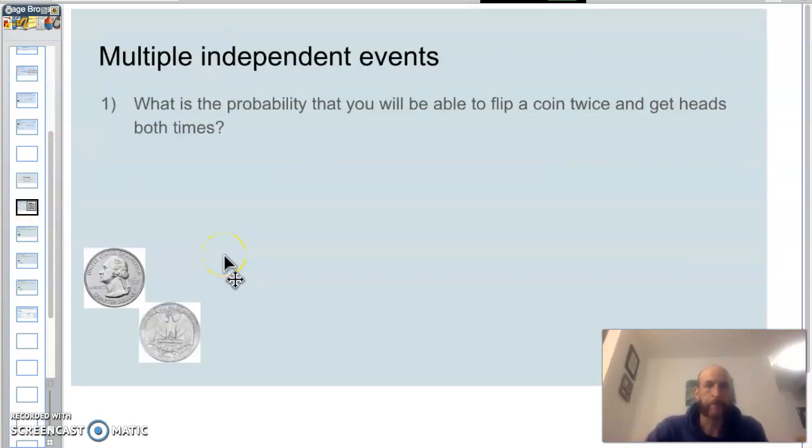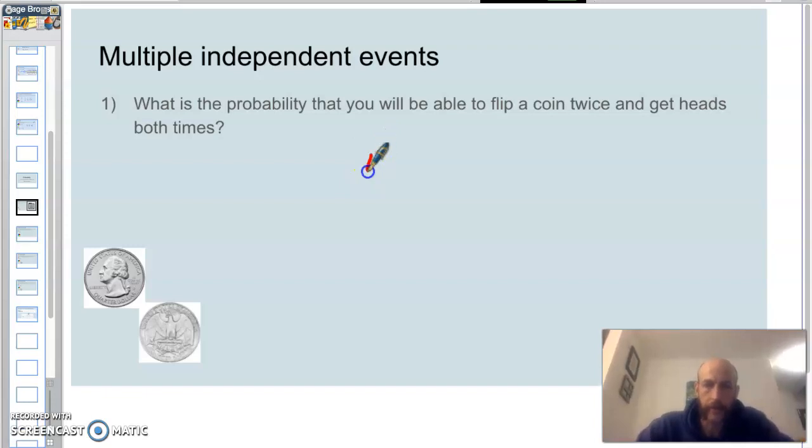Number 1. Question number 1 says, what is the probability that you will be able to flip a coin twice and get a heads both times? Okay, so I'm going to show you in a table first, and then we'll use our strategy that we developed in the first lesson to show you how to do it a little bit quicker.